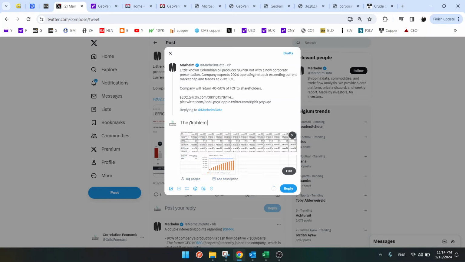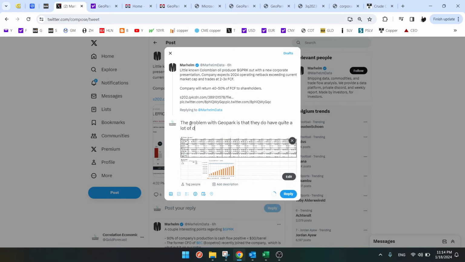The problem with Geopark is that they do have quite a lot of debt. So looking at market cap is not a good strategy.